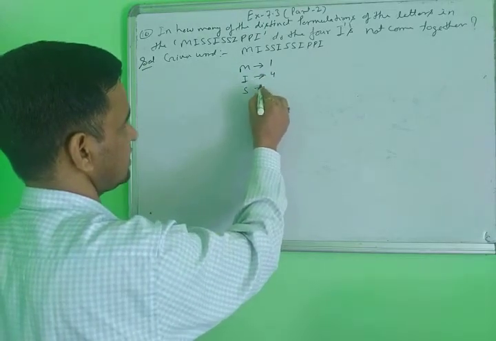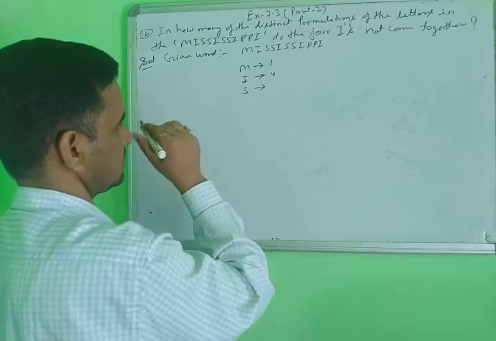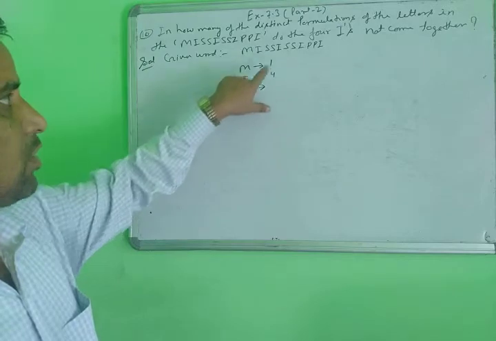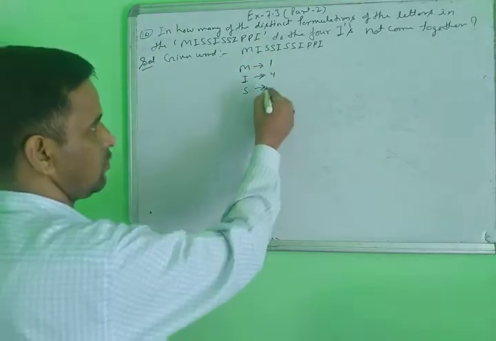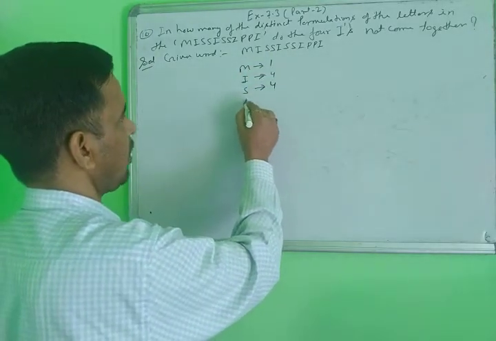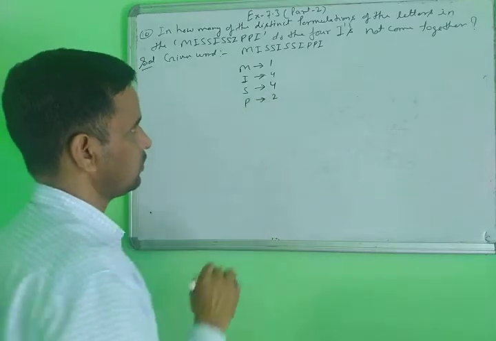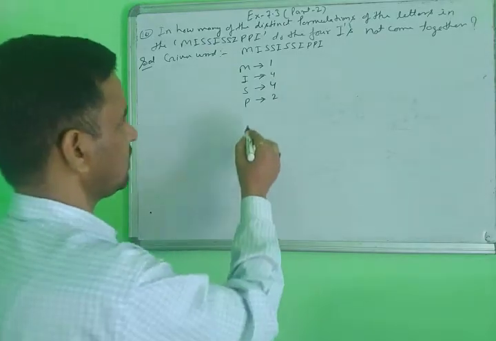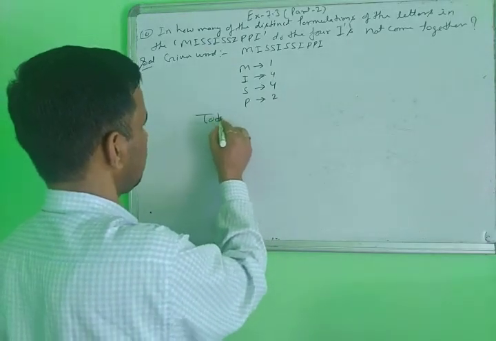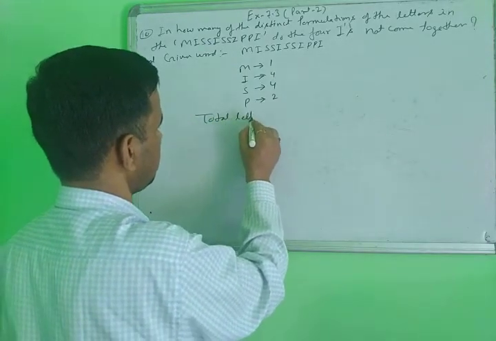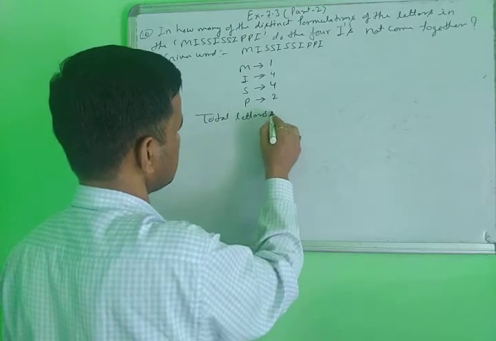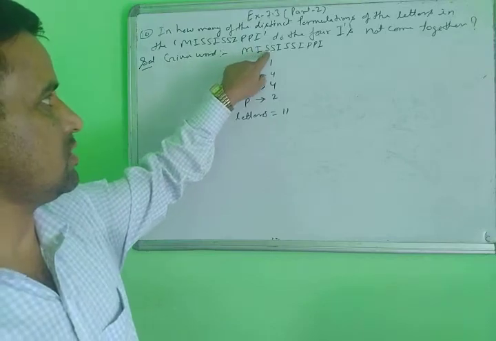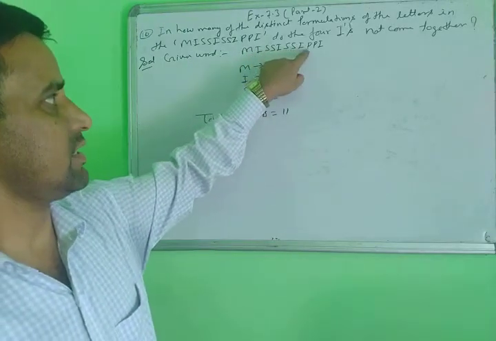How many S's here? S is 4. And how many P's here? P is 2. We will check the total: 1, 4, 8, 10, 11. Total letters equal 11, counting 1, 2, 3, 4, 5, 6, 7, 8, 9, 10, 11.